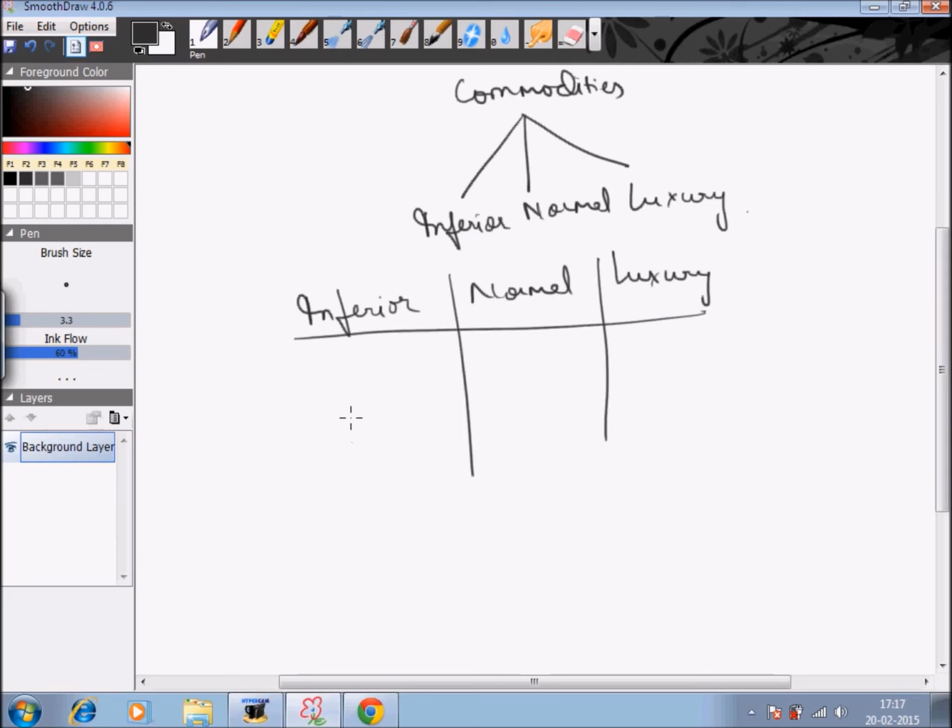In case of inferior goods, the income elasticity of demand is always less than 0. That is, there is a negative elasticity of demand, because as the consumer's income rises, the consumer switches over his consumption from inferior goods to normal or superior goods. So that's why the income elasticity of demand in case of inferior goods is less than 0.